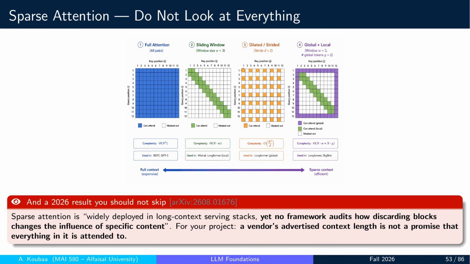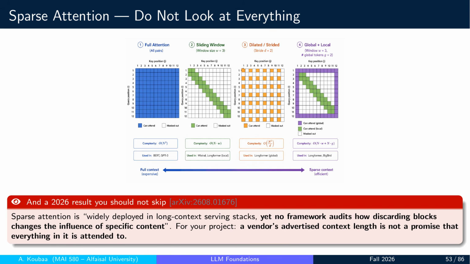Now, the consequence for your project, and it's concrete. A vendor's advertised context length is not a promise that everything inside it is actually attended to. And this connects to a documented effect you should know by name: lost in the middle.